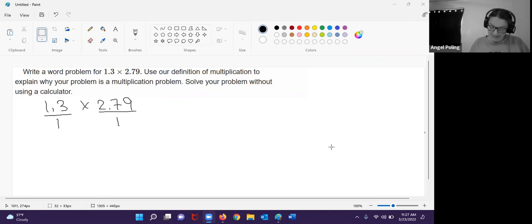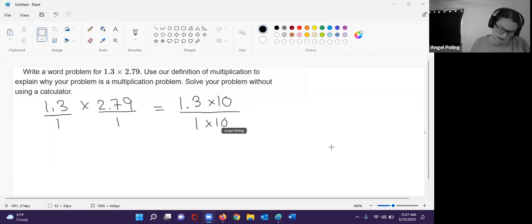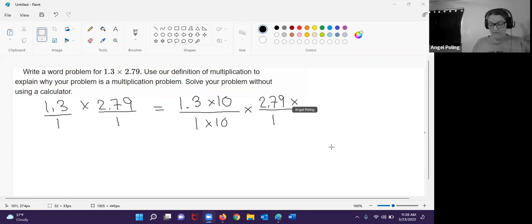So now we have these in fraction form, our first improper fraction. Now, to get the 1.3 to the form of a whole number, we're going to multiply the top by 10 as well as the bottom, right? And to get the 2.79 to a whole number, we multiply by 10 twice, right?